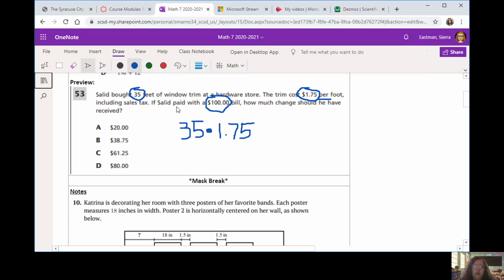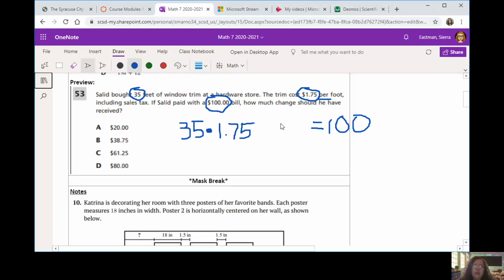And then our total, he paid with a $100 bill, is going to be kind of our equal to situation here. That's the total that he's paying with.